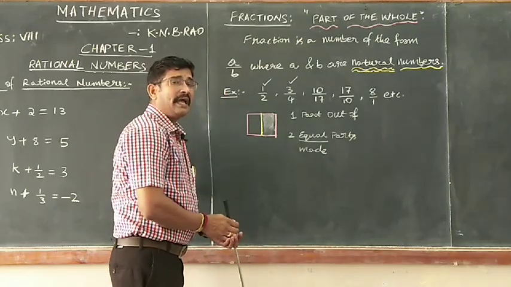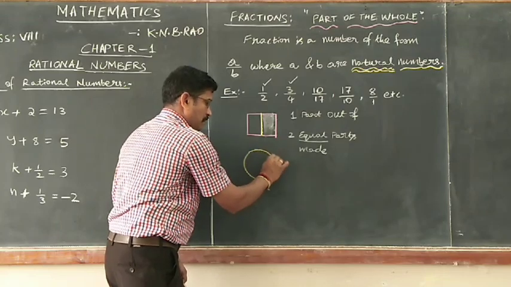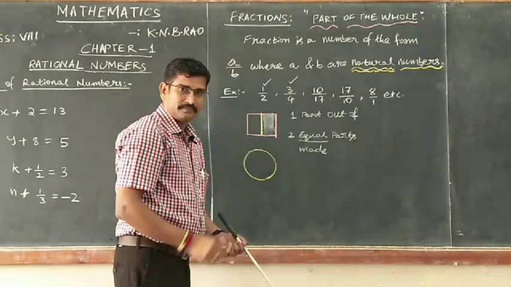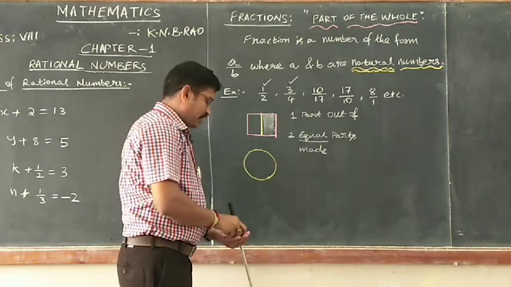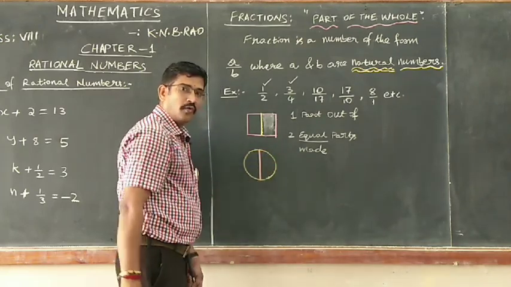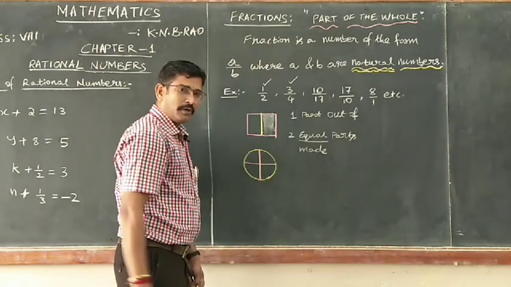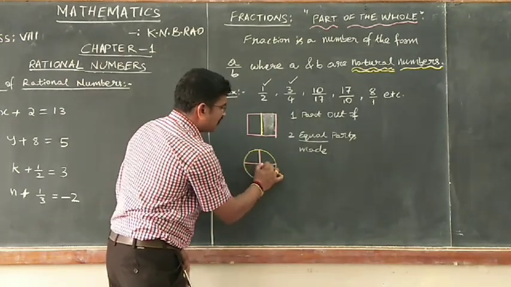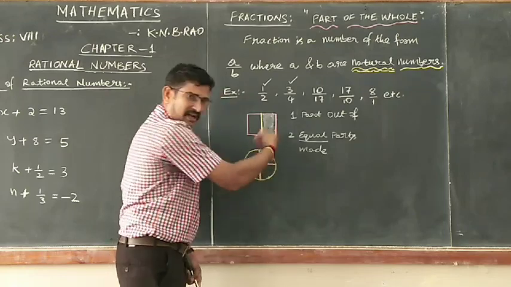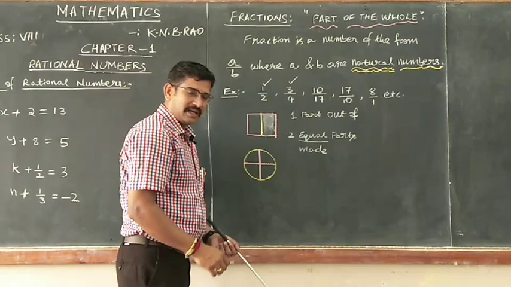Now, I have one full in which I am trying to make 4 equal parts. I made it like a pizza, into 4 equal pieces.